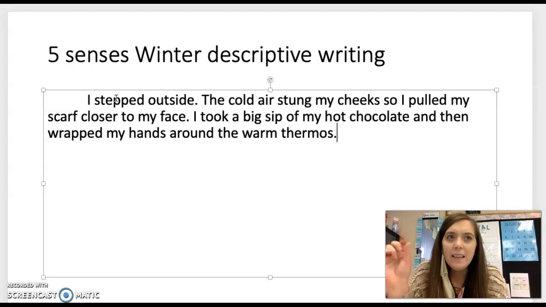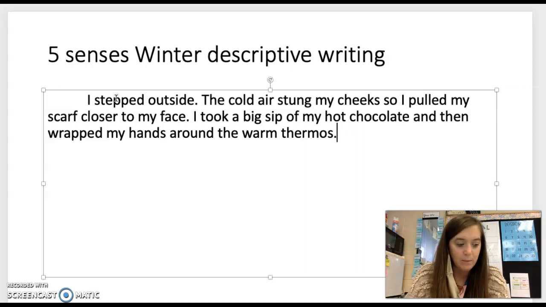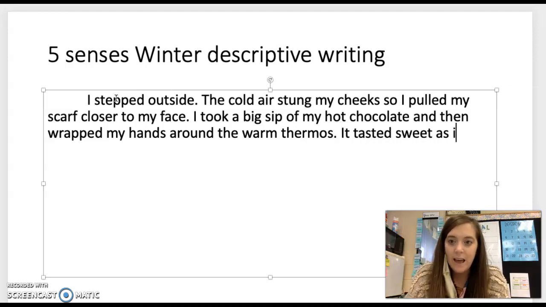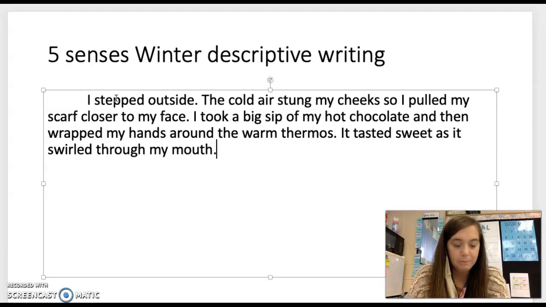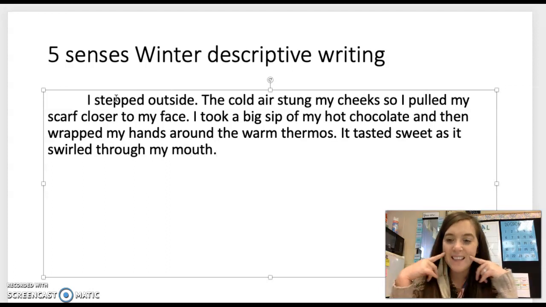Now, I need to include a sentence where I talk about what it tastes like, because I've just said that I've taken a sip of it. So I'm going to say, it tasted sweet as it swirled through my mouth. All right, so now I've said that it's tasted sweet.